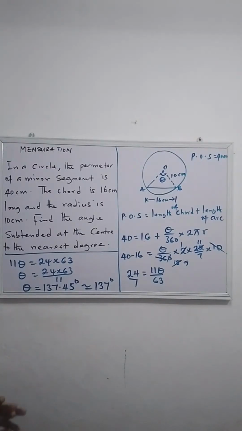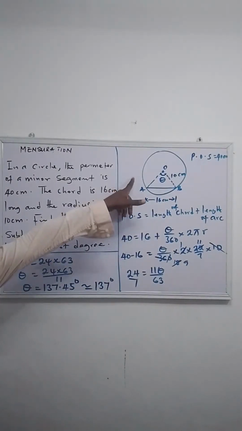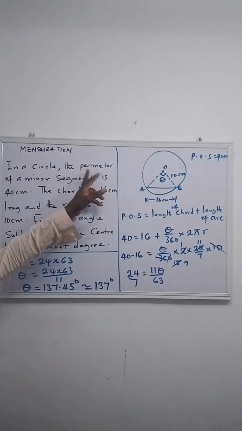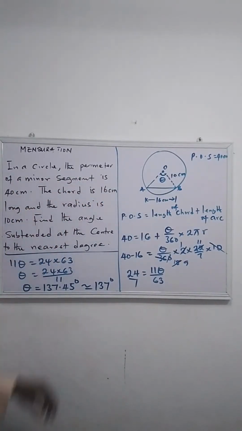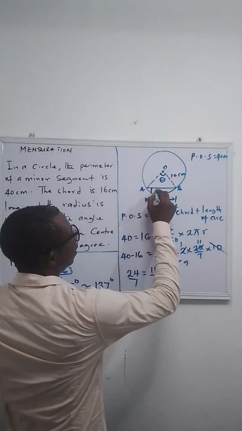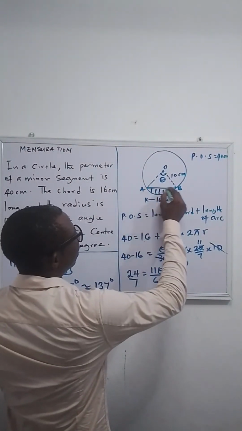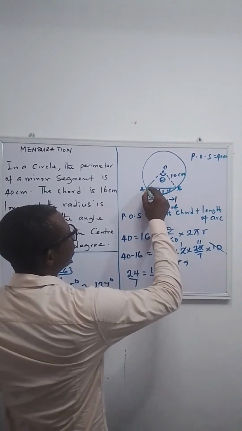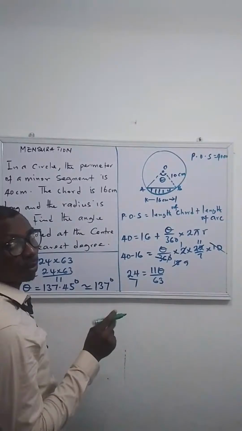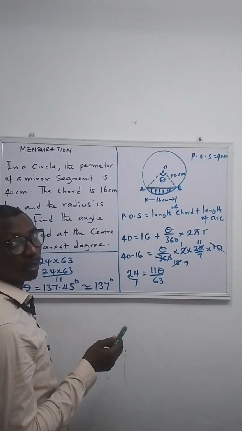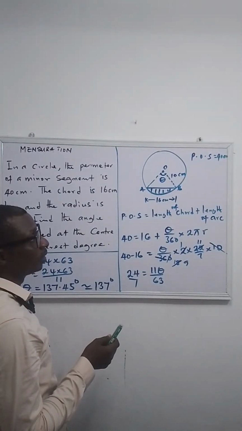Just pay attention and fix your eyes on the screen. In a circle, just like what we have here, the perimeter of the minor segment is 40 centimeters. Look at it, this minor segment, the perimeter is given. What are the boundaries that make up the perimeter of a segment?